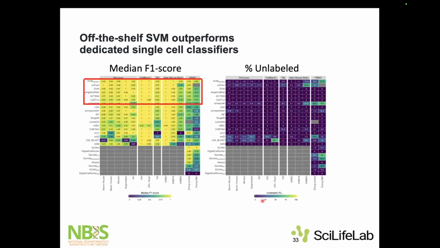So if we put all of these together, we will see the top 5-6 ones, which are mostly off the shelf, like SVM rejection and SVM here. They outperform the single cell based classifiers.